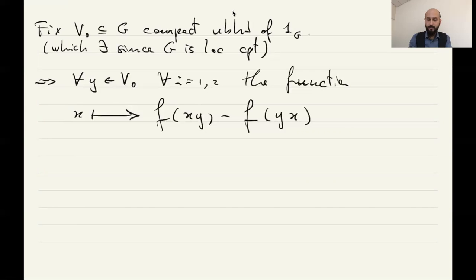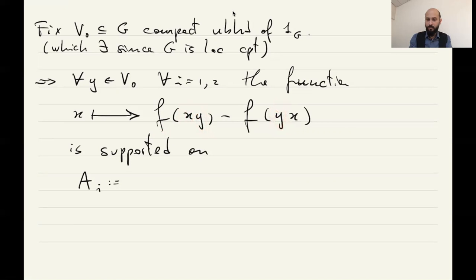It's not a zero function, but this is supported on a set. Let's call it A_i. What is this set? We have to translate on the right the support of f by y, and then translate on the left by y.